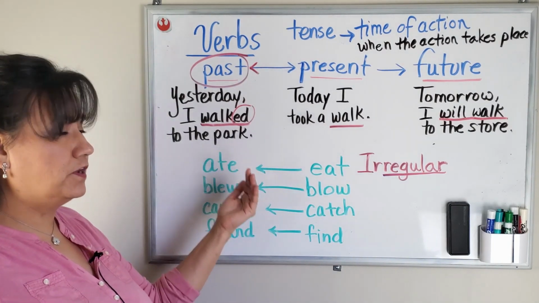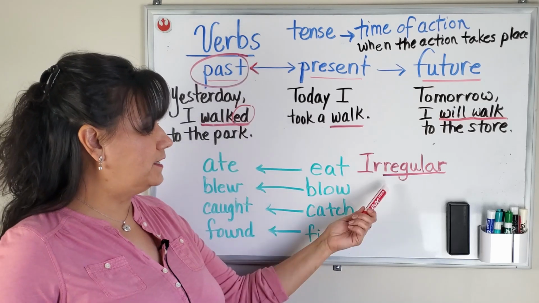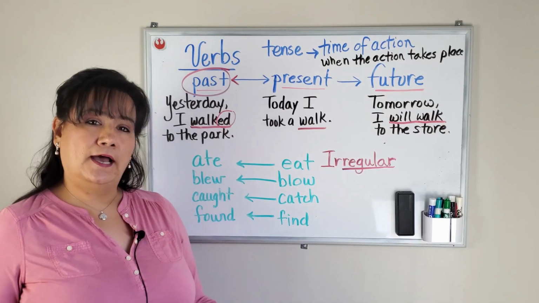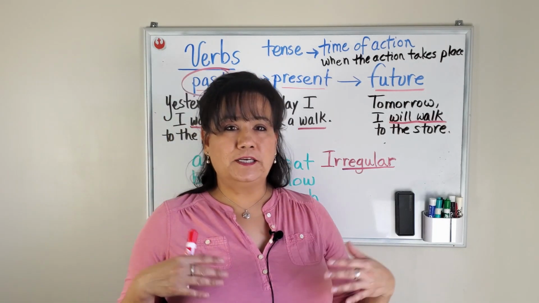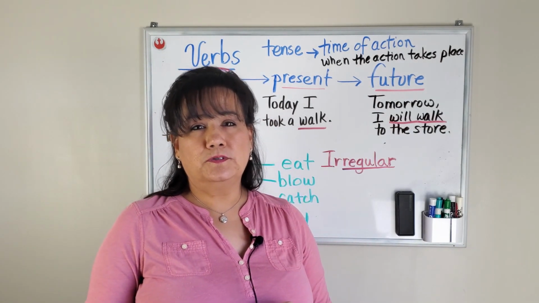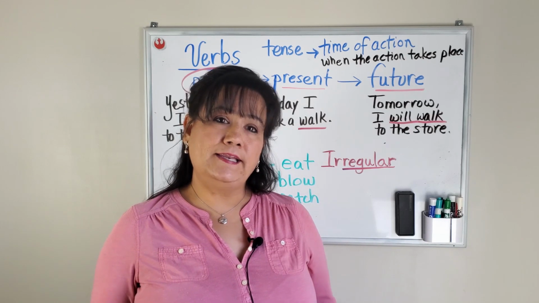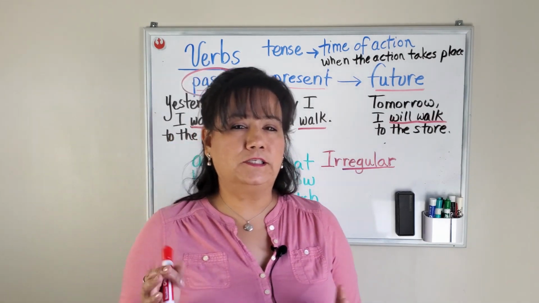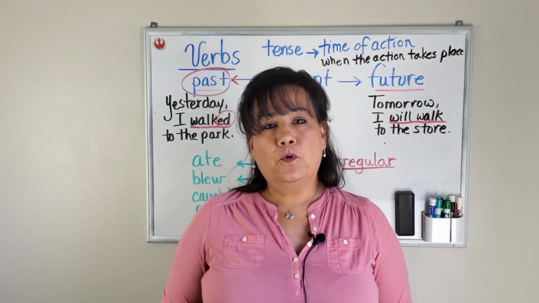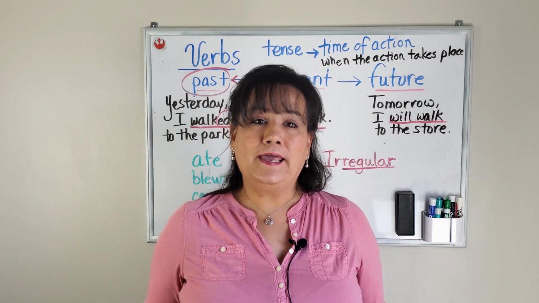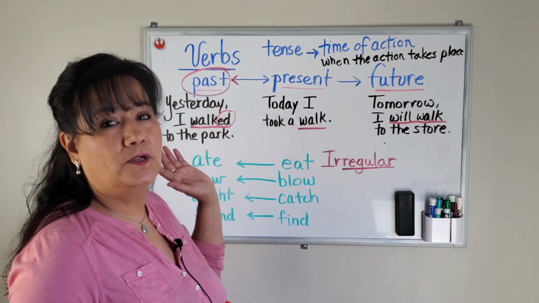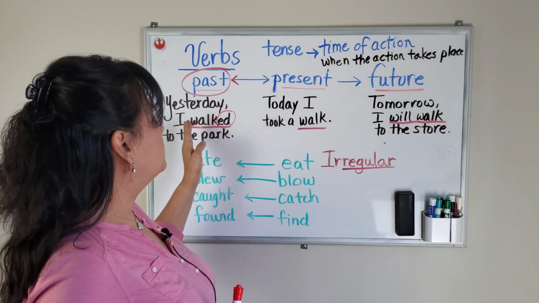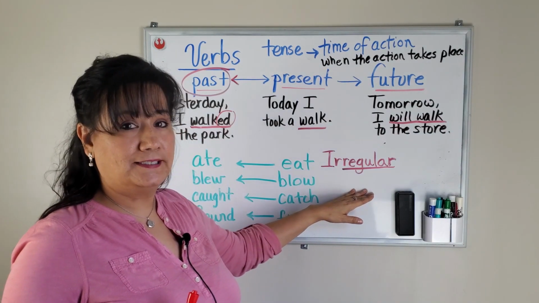Now these are just a few of many irregular verbs, but it'll take you time to be exposed to all of it, to start reading and writing all of these verbs automatically. And I think some of you are already doing that a little bit. So the more you read, the more you write, the more practice you will have with present tense verbs, past tense verbs, and of course the irregular ones.